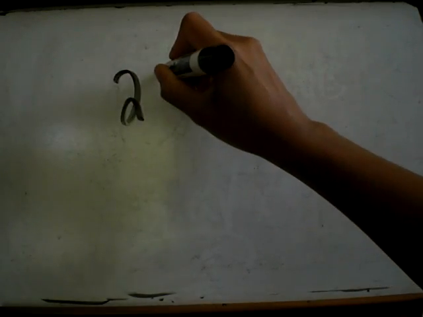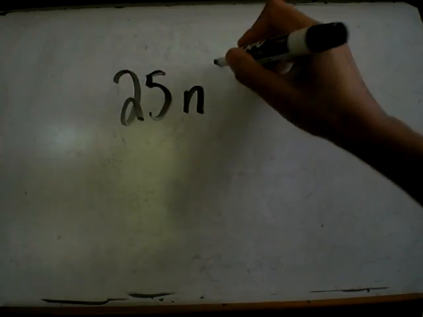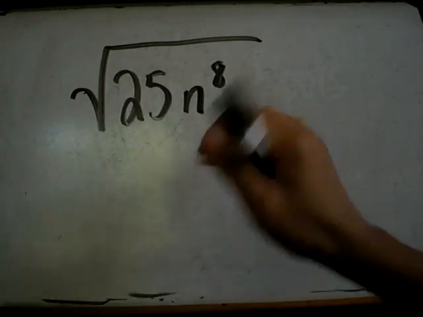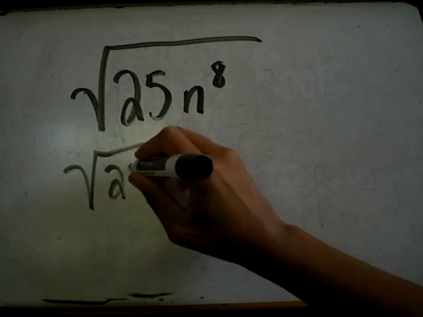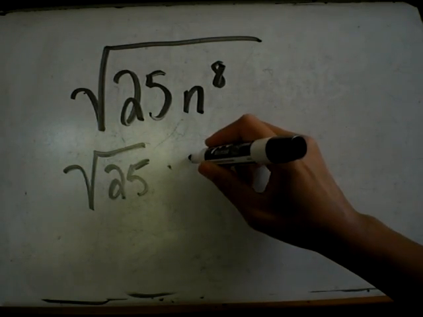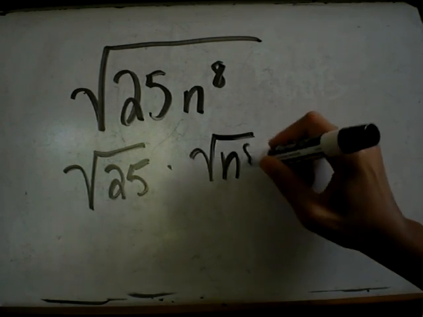Now let's move on to finding the square root of 25 times n to the 8th power. Okay, all right, what we're going to do is we're going to separate it again. This is going to be the square root of 25 times the square root of n to the 8th power.